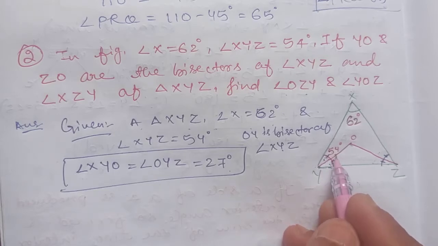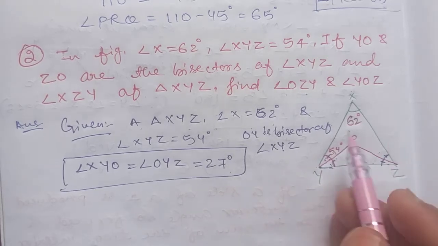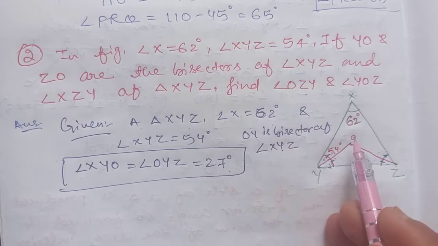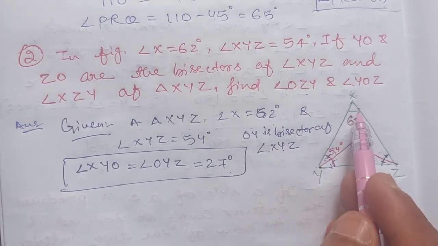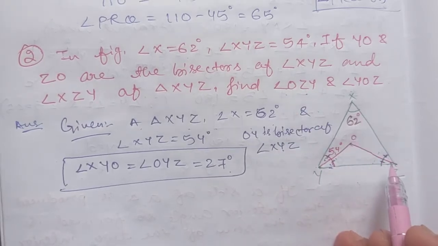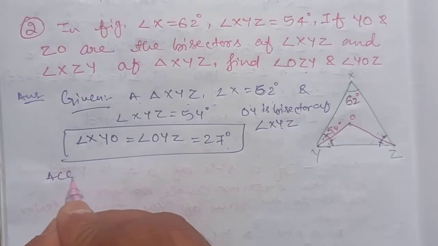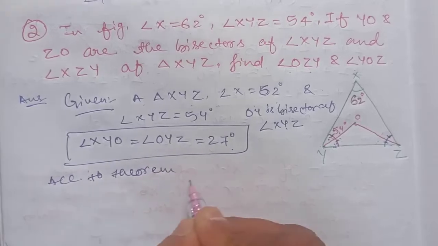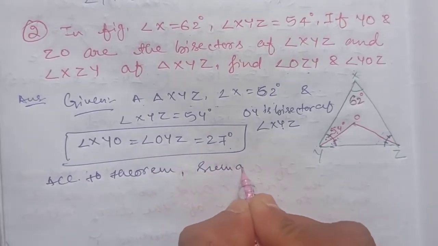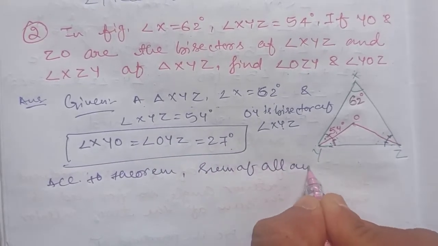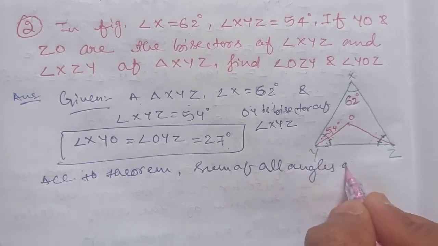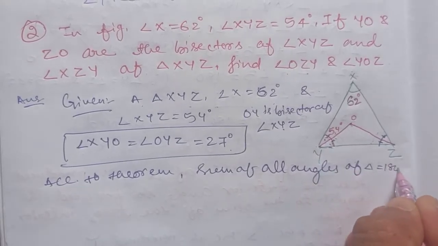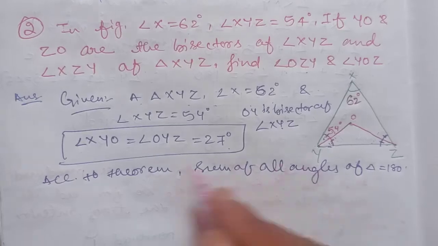So these two are equal. We have to first find out OZY. So first of all we will find out the value of angle Z. According to the theorem, the sum of all the three angles of a triangle is 180 degree.